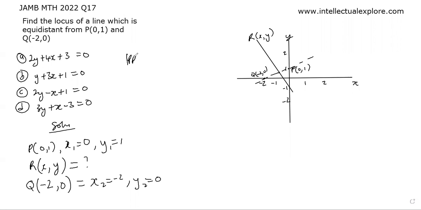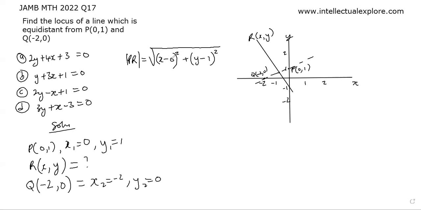Line PR will be the square root of, since this is the first point, the square root of (x minus 0) all squared plus the second coordinate, (y minus 1) all squared.